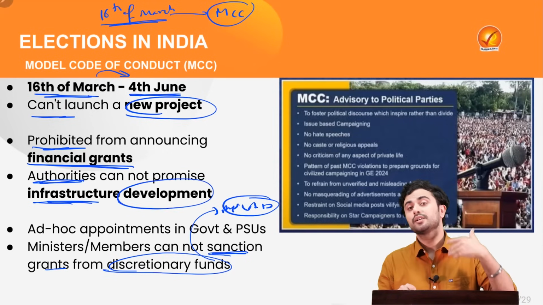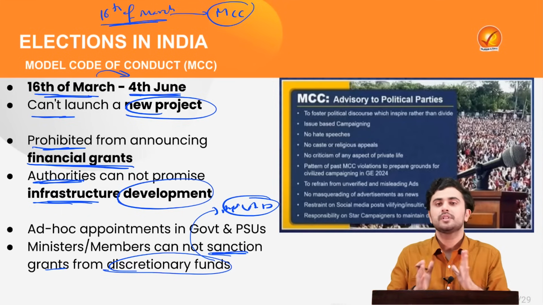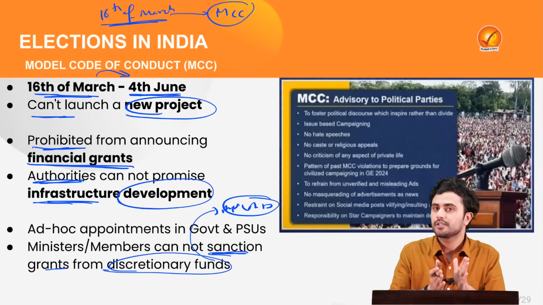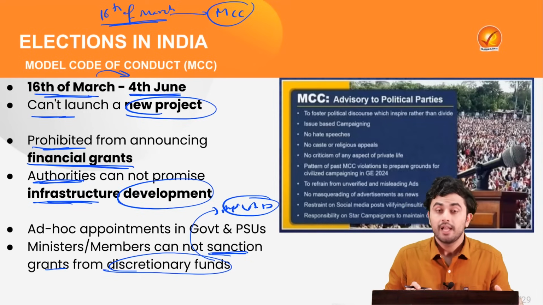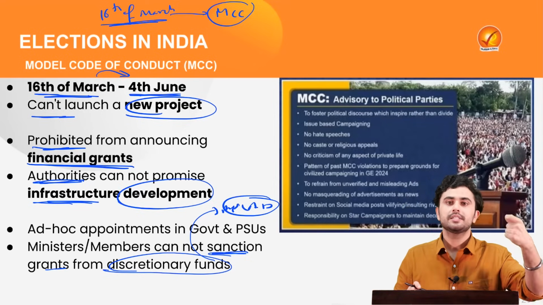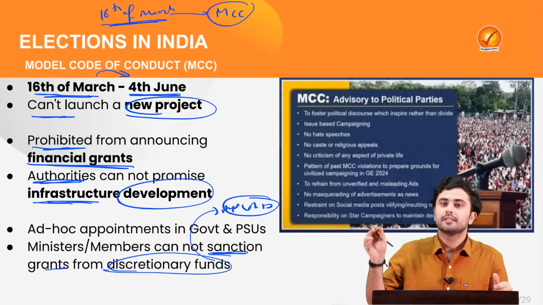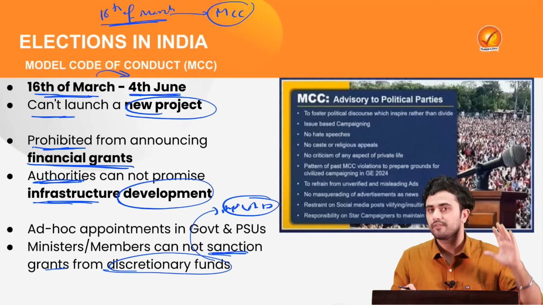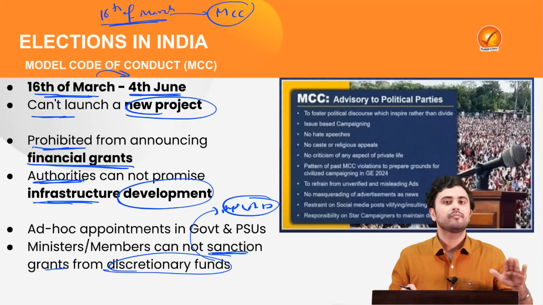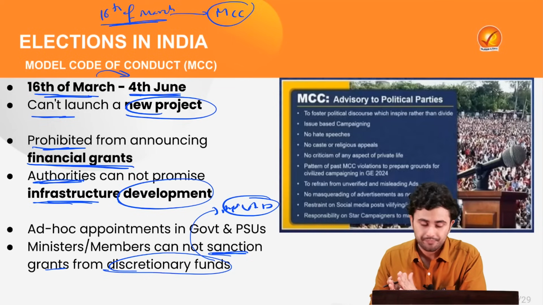It means that let's say tomorrow if you become the district magistrate and you do not follow the principle of non-partisanship and you are politically aligned to a particular party, then you go to a particular village and say that if you are going to vote for this party X, then I am going to promise you a certain level of infrastructural development. These kinds of promises are also prohibited under the Model Code of Conduct.